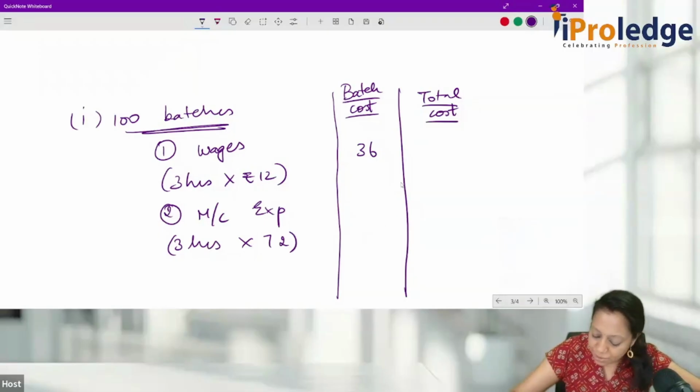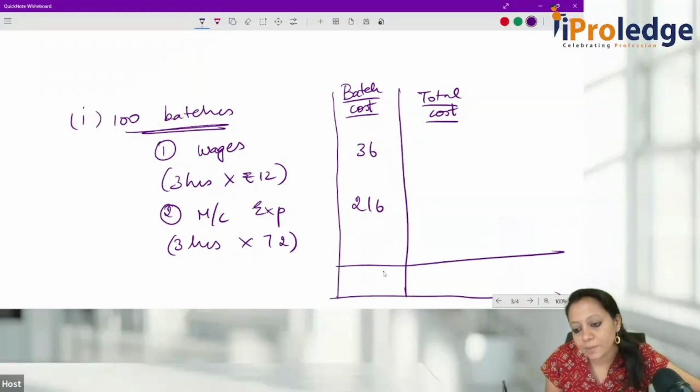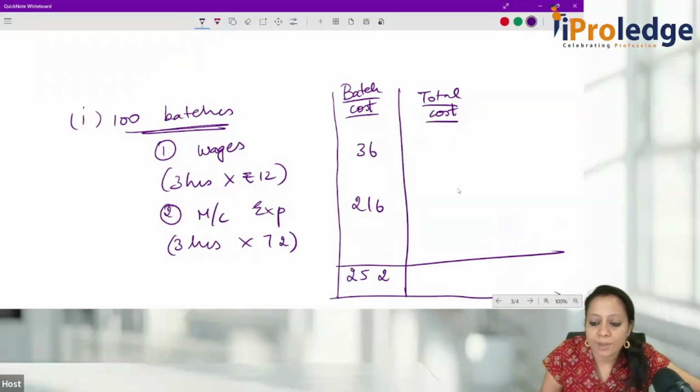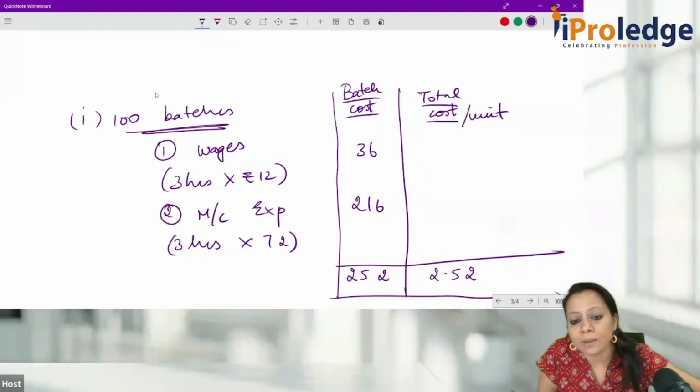So that is going to be how much, ma'am? 216. Thank you, dear. So what is the total here? 252. Right, ma'am. 252 divided by 100. Total cost per unit is going to be 2.52. For 100, understood? Yes.